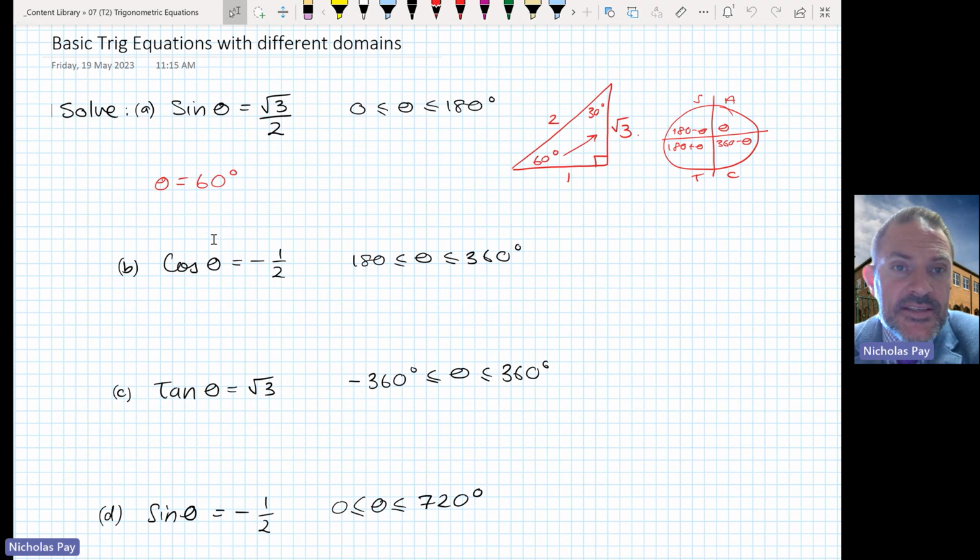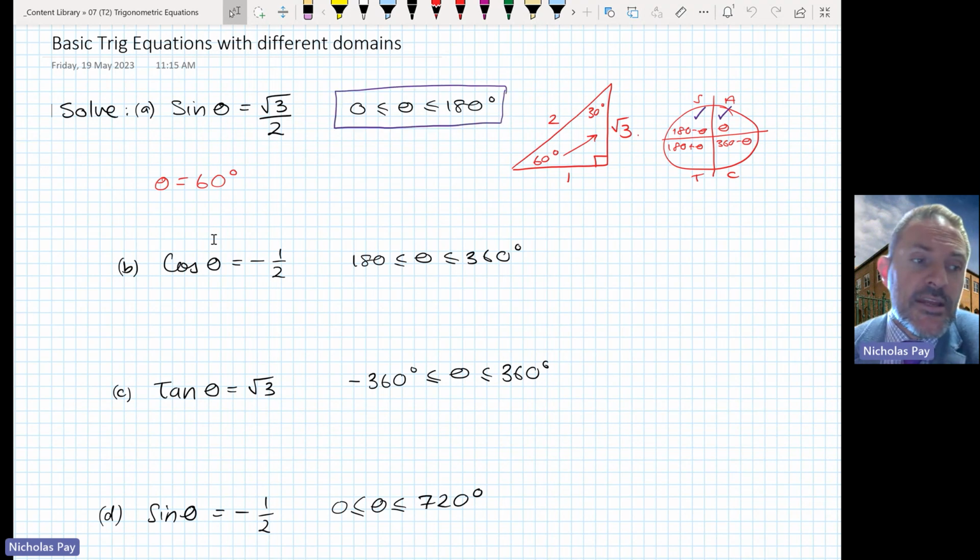Now in this case, we can see that sine is positive. Where is it positive? Well, it's positive in the very first 2 quadrants. That's fine, but I need to also ensure that my domain is 0 to 180 or 0 to 360. In this case, my domain is in fact 0 to 180, which means I'm not looking at those bottom 2 quadrants.